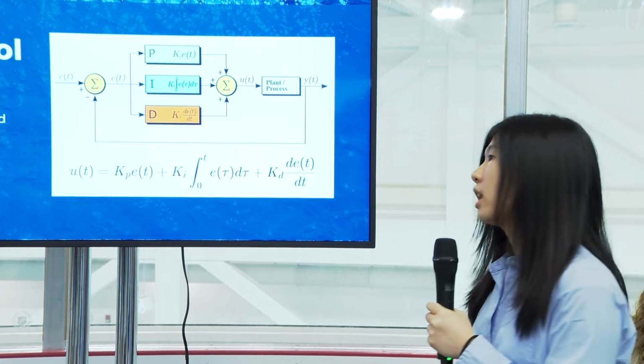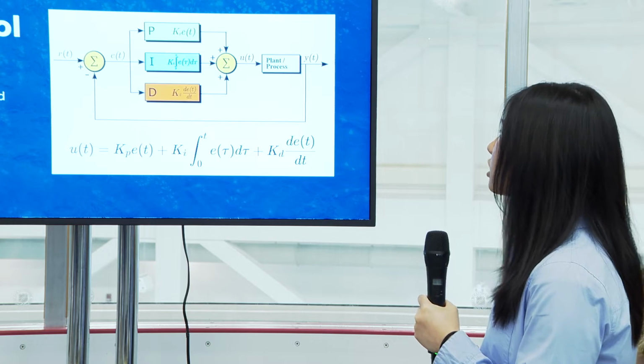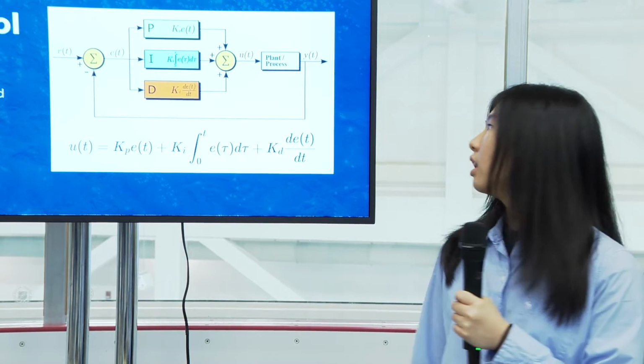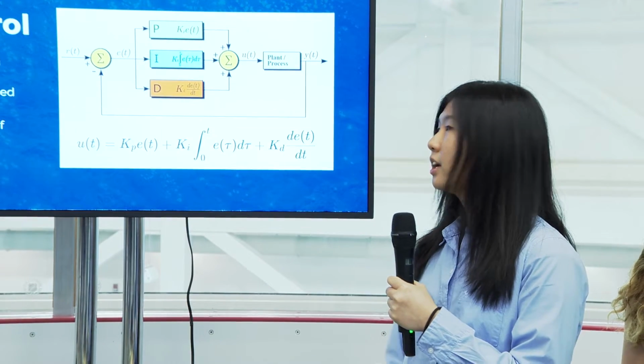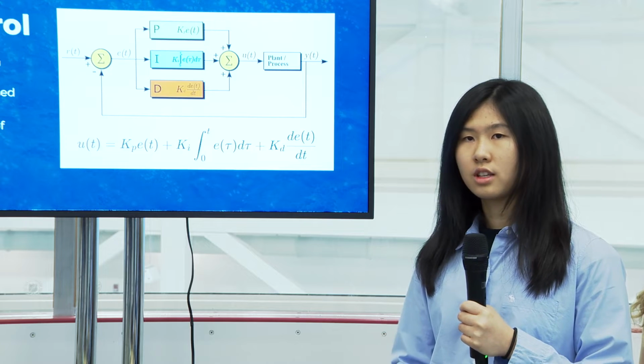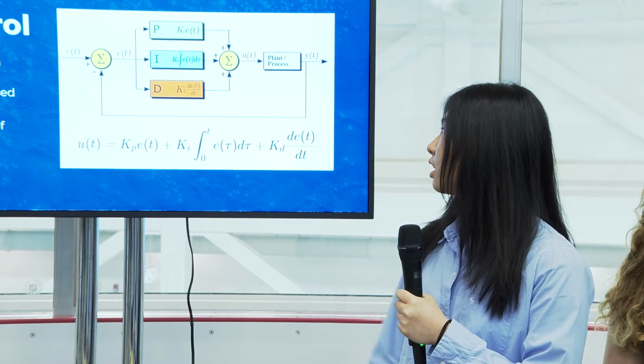And because we are trying to let the AUV drive autonomously, we have to use the PID control system over here. The PID control system takes in the error, which is the difference between the desired set points and the current set points, and then plugs it into the system.